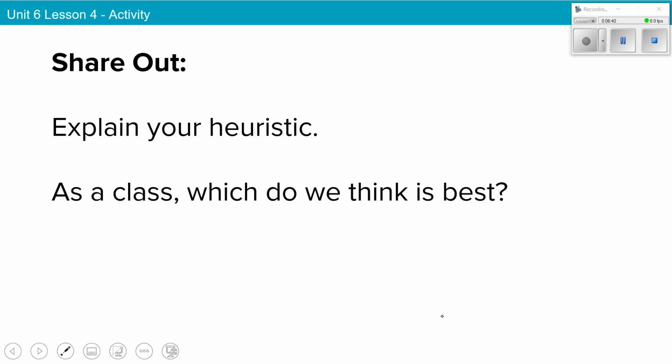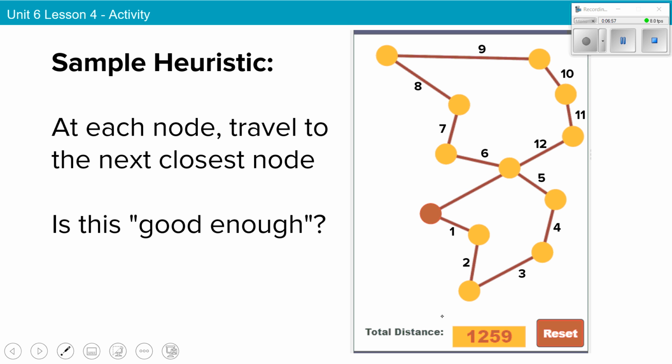And make sure you can explain your heuristic, because like an algorithm can be explained because it's a finite series of steps, you should be able to explain your heuristic while at the same time explaining it's going to give a good enough solution to our problem. So an example of a heuristic is, when I go from one node to the next, always pick the next one based on the shortest distance from my present node.